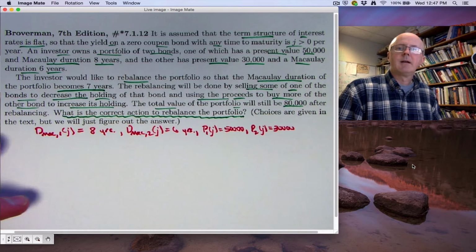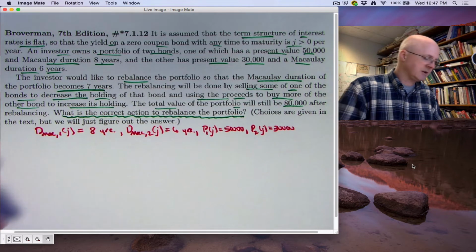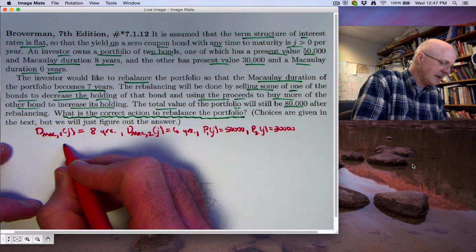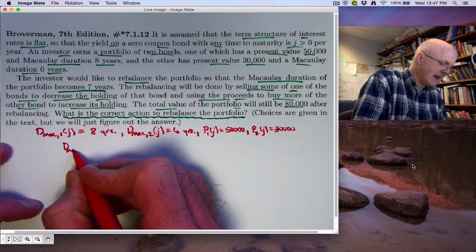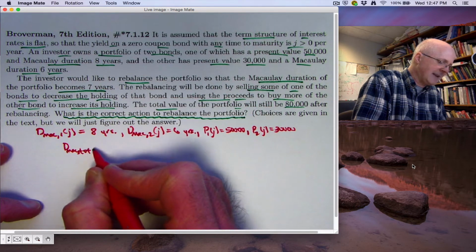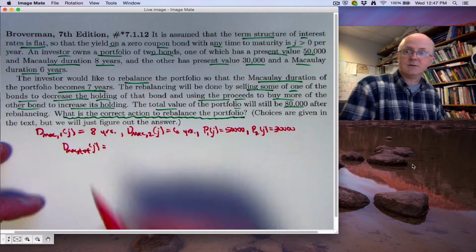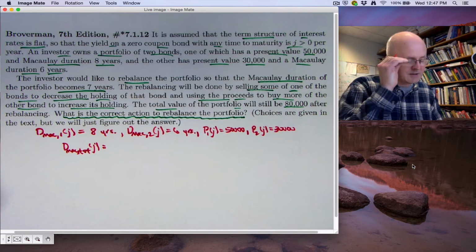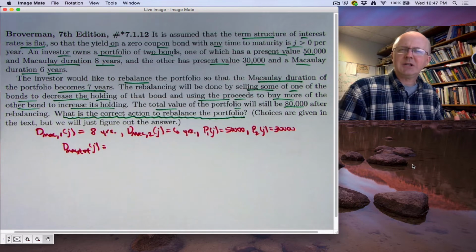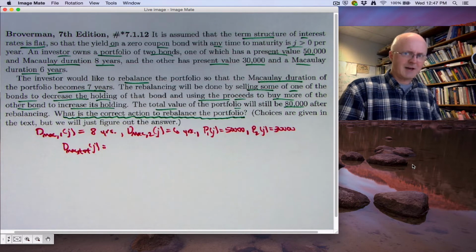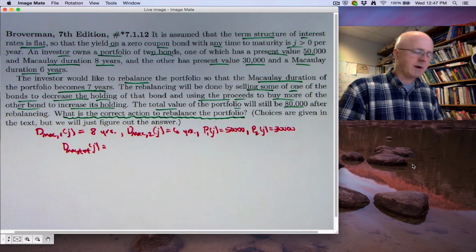All right, let's first figure out the Macaulay duration of the portfolio in total, Dmac,tot, and it's at this point that we're really going to use our intuition. I'm going to write down an equation that should intuitively give us the right answer, though it's not a proof. I'm not mathematically proving that this is the right way to go. That's for the second part of the video.